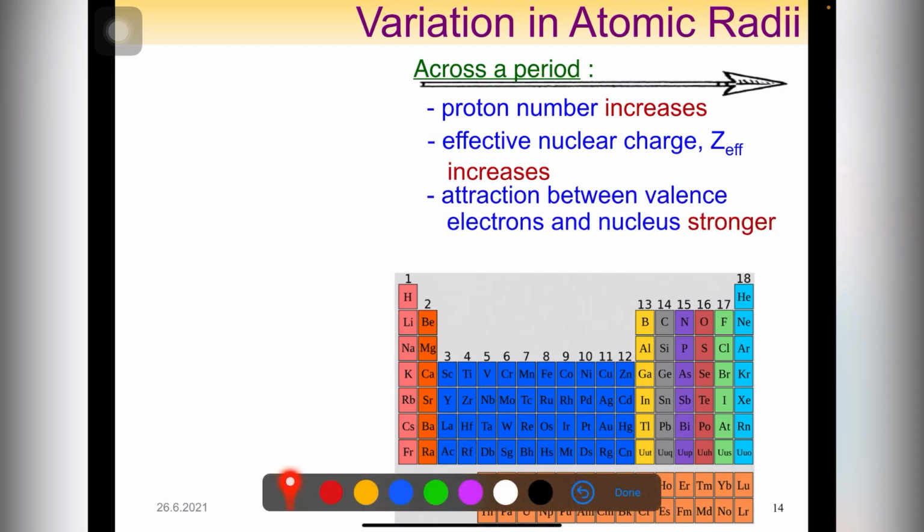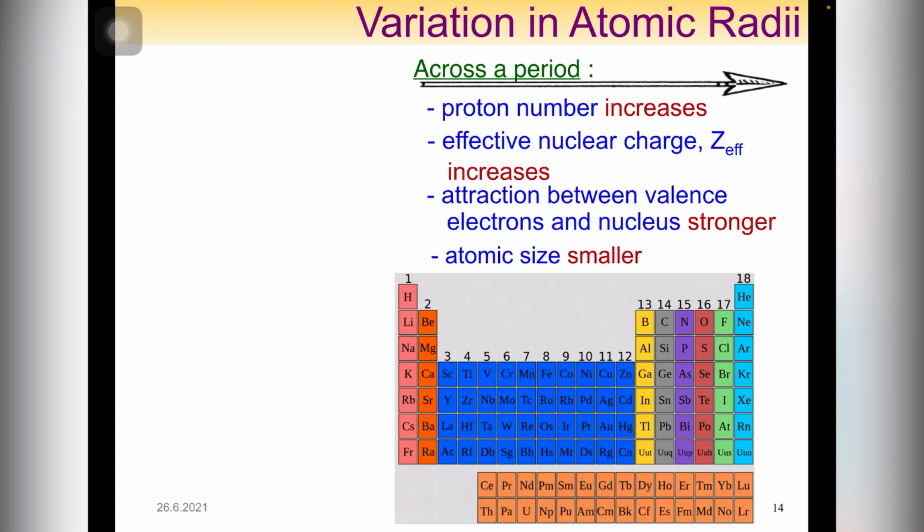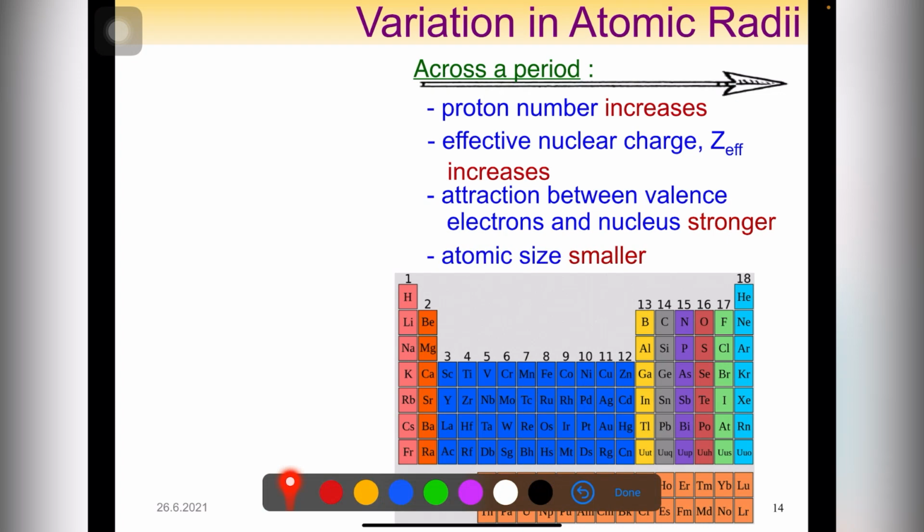This causes the attraction between the valence or outer electron and the nucleus to become stronger, and the atomic size smaller. This is the variation in atomic radii across a period. Remember, the main factor affecting the atomic radii across a period is the effective nuclear charge. These are all the points you need to explain.